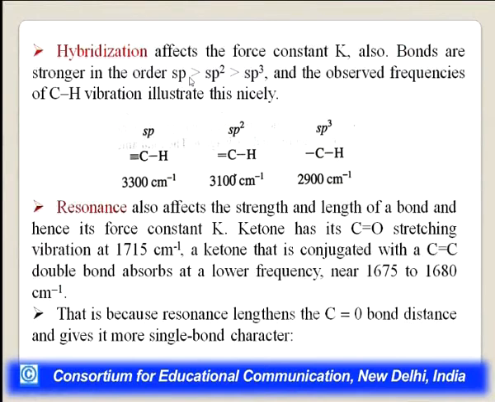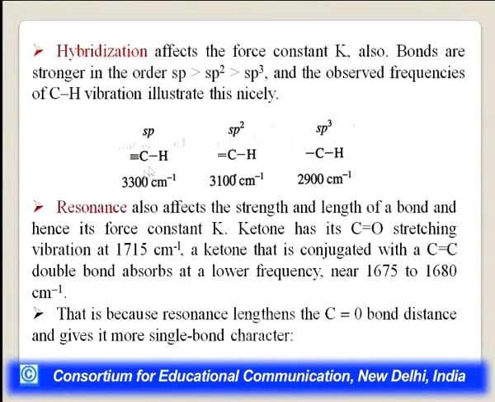Now hybridization affects the force constant K. Also bonds are stronger in this order. We can say this is the order. If we talk about sp hybridization, it will be stronger than sp2. It will be a stronger bond than sp3. And the observed frequencies of CH vibration illustrate this nicely.